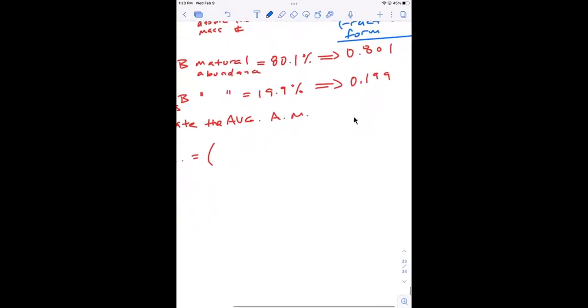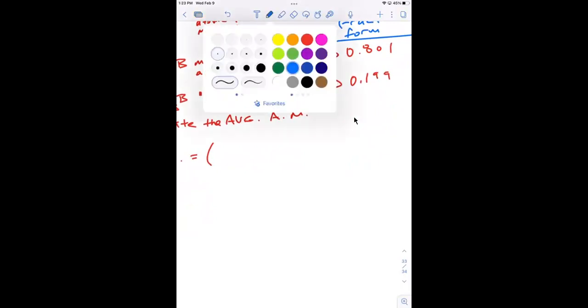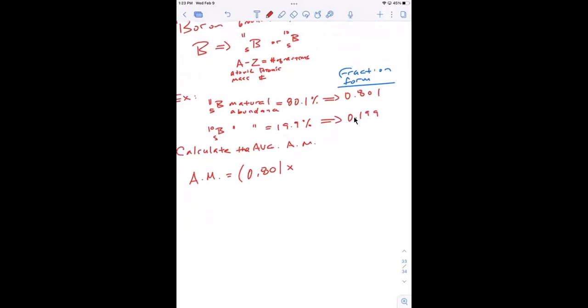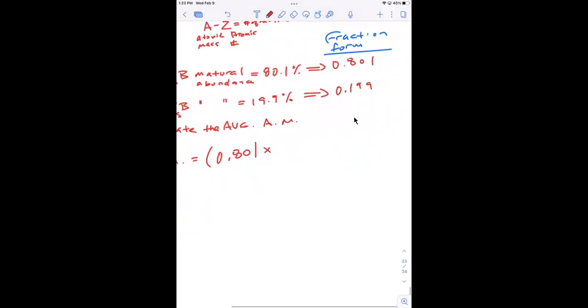All right, so for the first isotope, we're going to use that number, 0.801, times the mass of that isotope, which is 11.0093 atomic mass units.